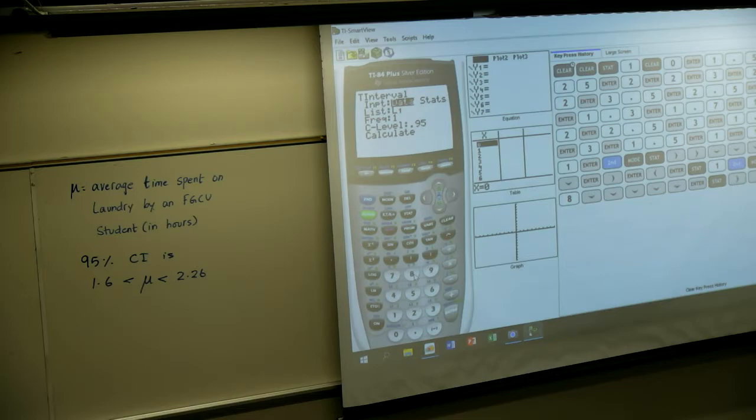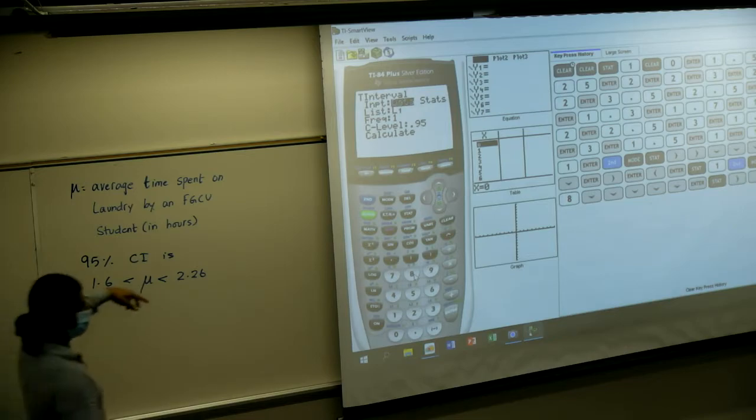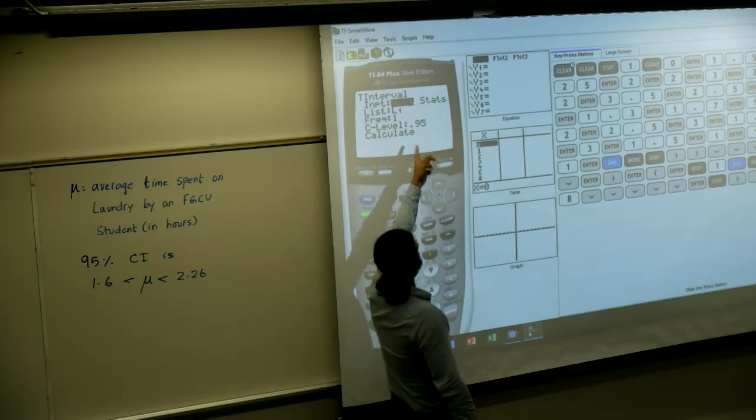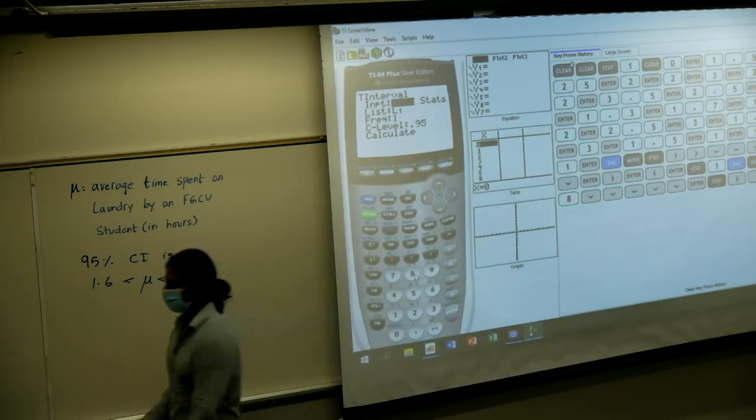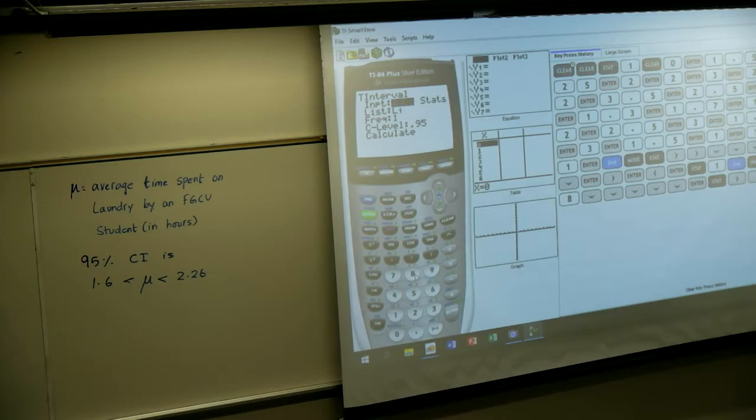Change that 0.95 to something else, maybe 0.9, maybe 0.8, whatever you want, and that is going to give you a different interval. Does that make sense?